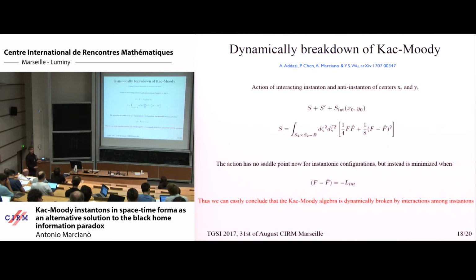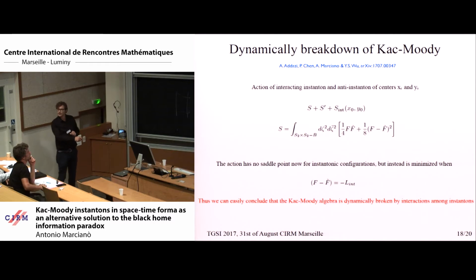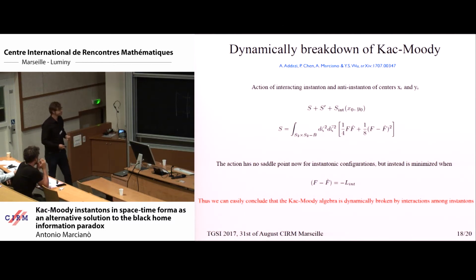Once you are far away from that, because you have some interaction between these instantons and anti-instantons, you have to take into account an interaction Lagrangian. This interaction Lagrangian will, of course, spoil the duality and self-duality conditions, which are at the center of the definition of the Kac-Moody symmetries, and then basically entail a dynamical breakdown of these Kac-Moody symmetries.